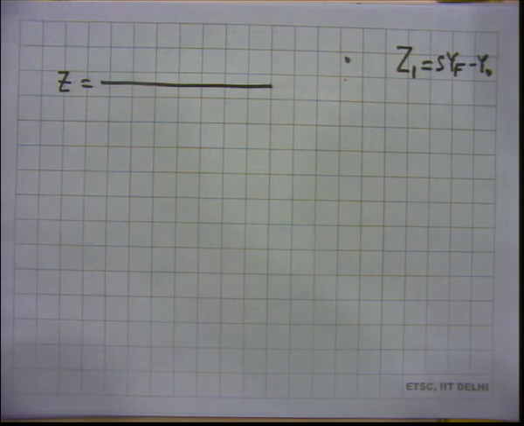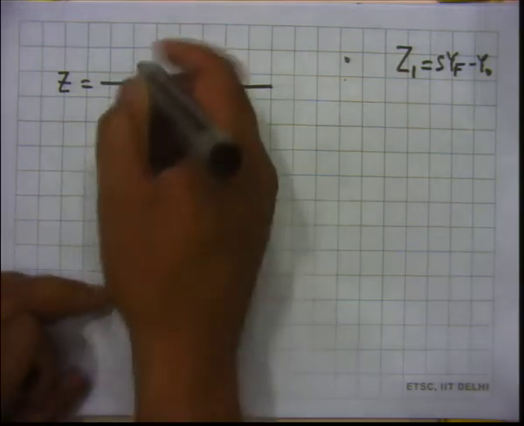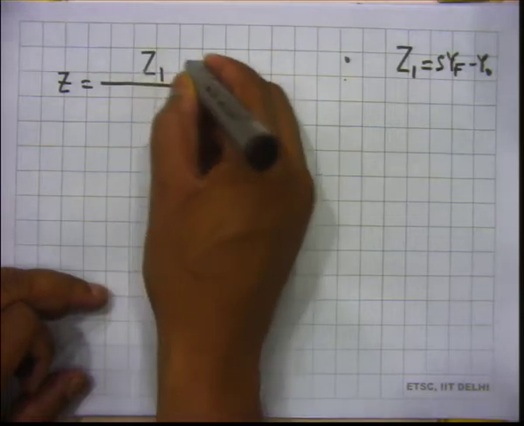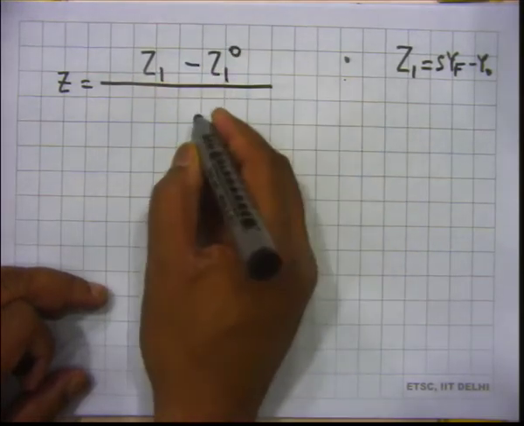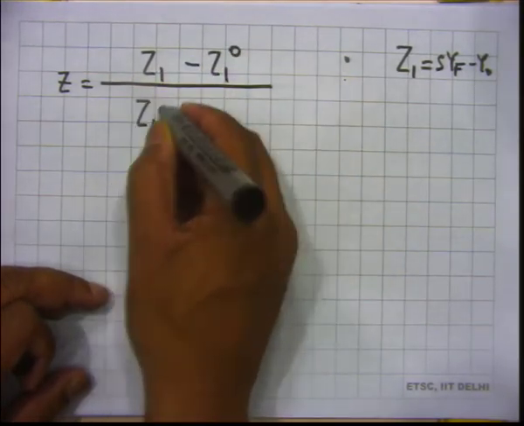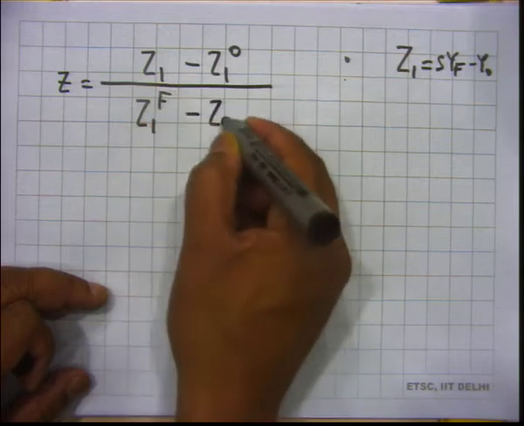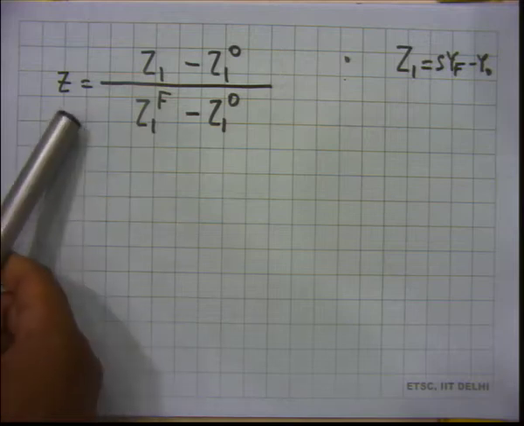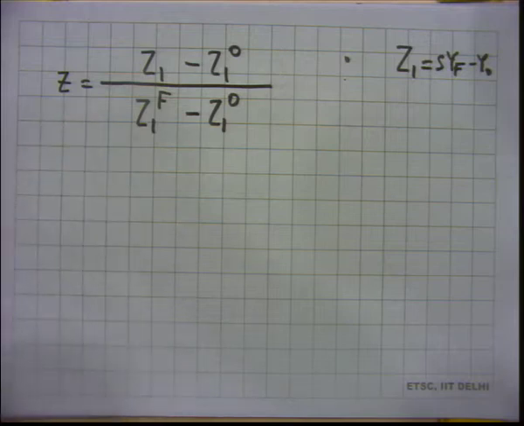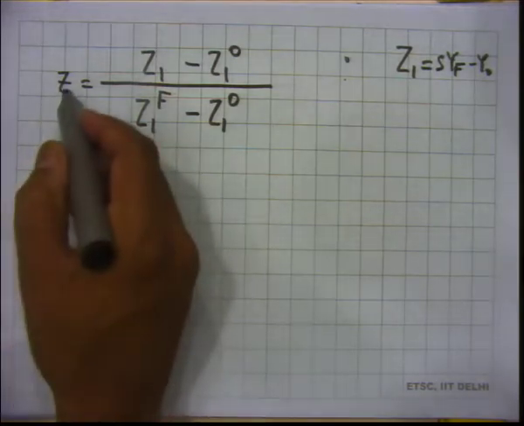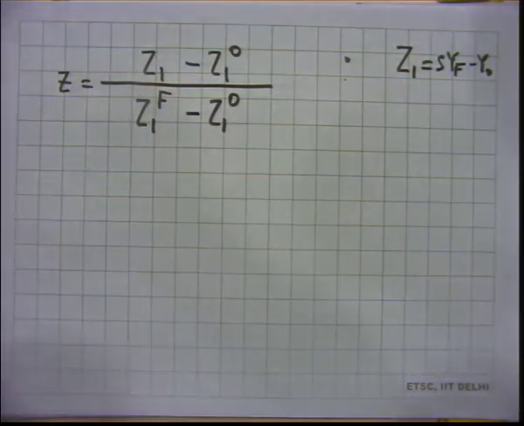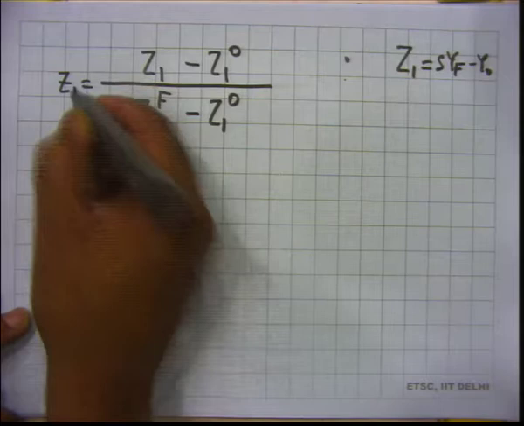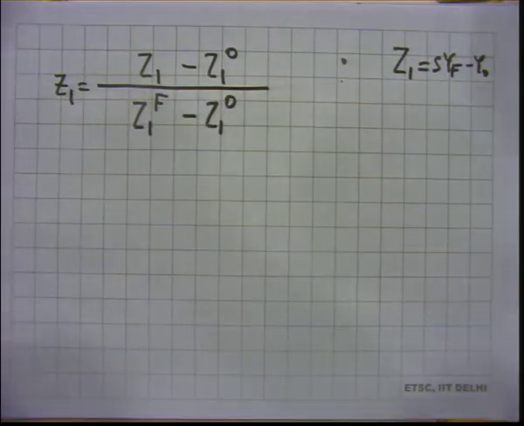Now, this is Z1 minus Z1O divided by Z1 in the fuel minus Z1 in the oxidizer. Where does this come from? This is the definition of small z. So this is small z1.